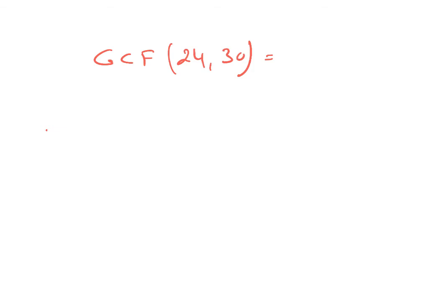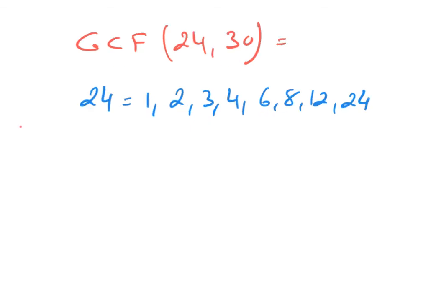The factors of 24 are 1, 2, 3, 4, 6, 8, 12, and 24. We know that 2 goes into 24 twelve times, 3 goes into 24 eight times, 4 goes into 24 six times, 6 goes into 24 four times, and so on. That's how we find those factors.